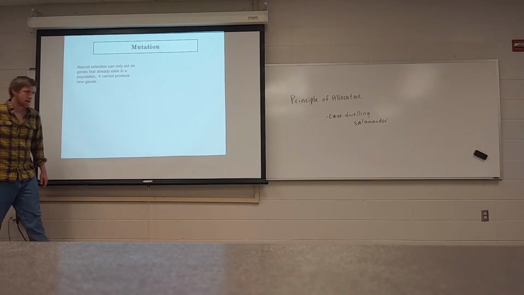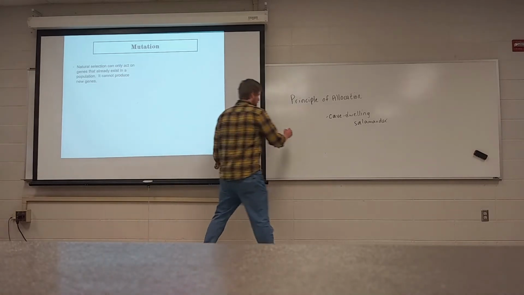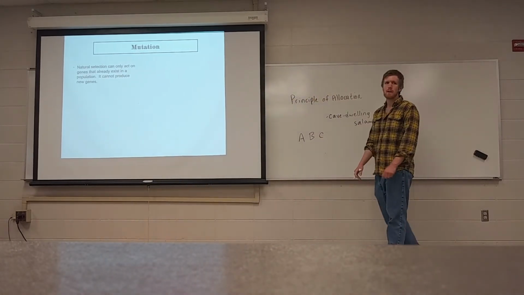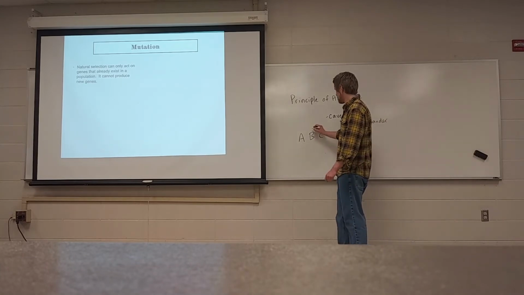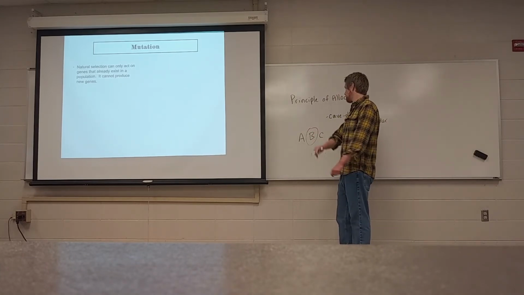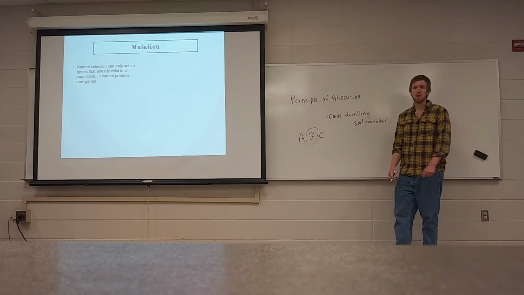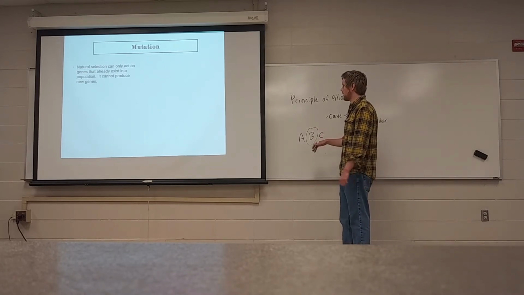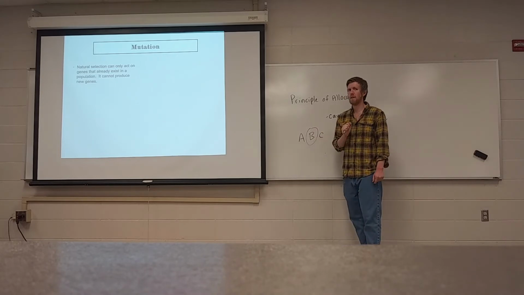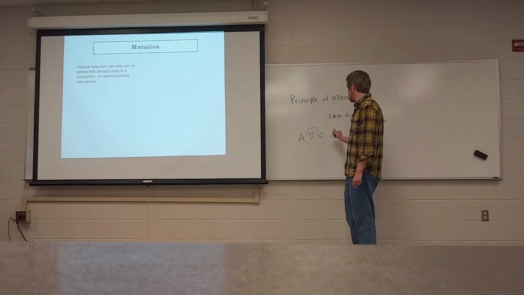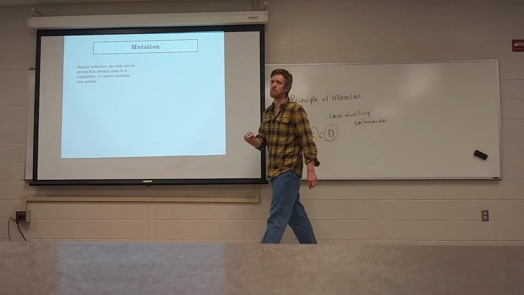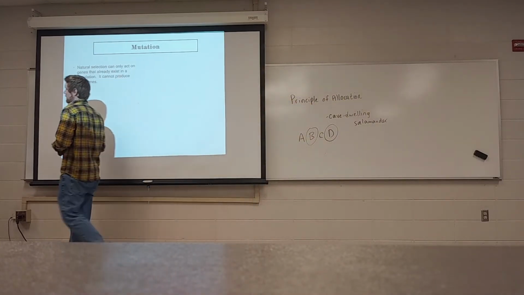In other words, if you have a population with the genes A, B, and C, natural selection will ultimately determine which of these genes experiences the greatest proliferation, through the reproductive success of the individuals with them. What natural selection can't do is introduce a new gene into the population.